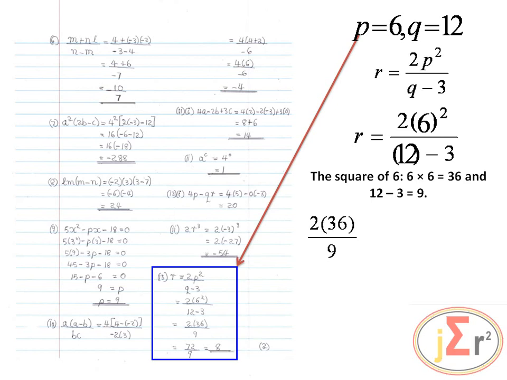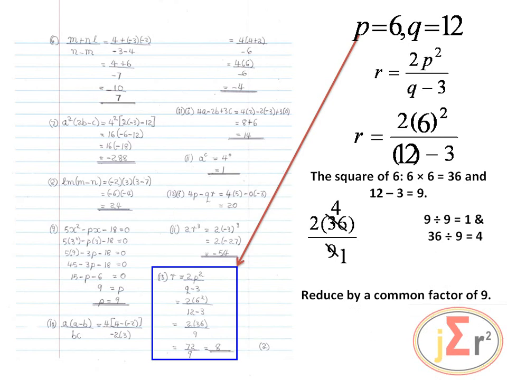But in mathematics, we generally play it safe by, instead of going large, we go small. So instead of saying 2 times 36 is 72, then 72 divided by 9 is equal to 8, we reduce the fraction first by a common factor. So reduce by a common factor of 9. 9 into 9 is 1. 9 into 36 is 4.